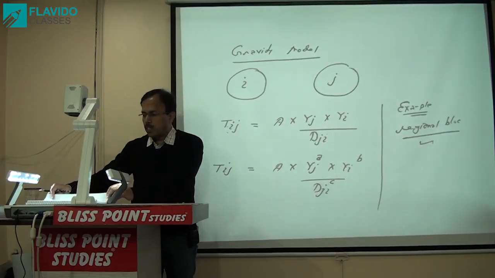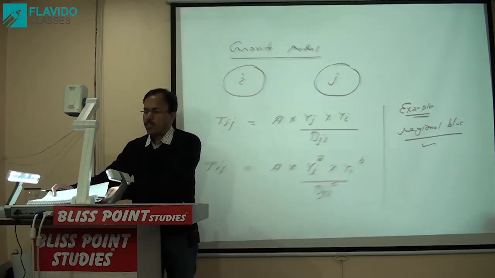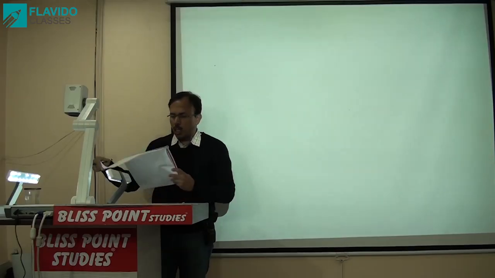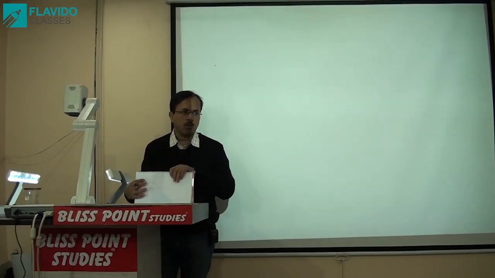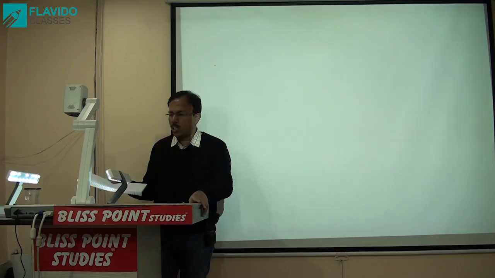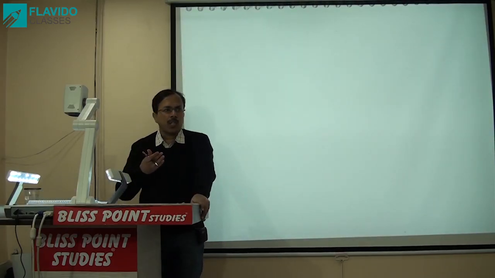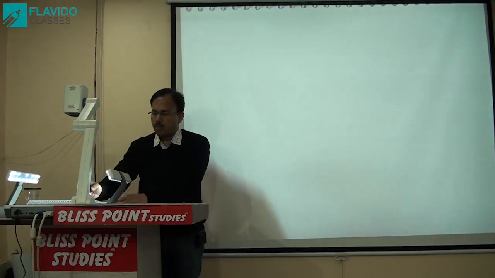So it basically shows how much quantity an economy is willing to offer, that is sell, that is export. How much quantity an economy is willing to offer to buy a specific quantity of import at different relative prices.